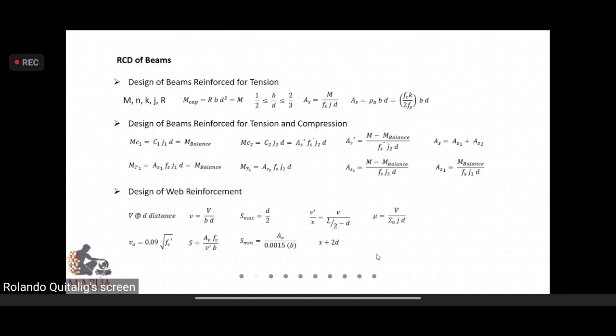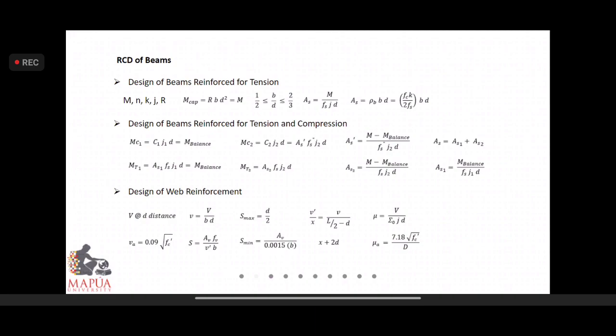We check for bond stress, shear over sigma sub O J D. That sigma sub O is the perimeter of the reinforcing bars, depending on the number of reinforcing bars.